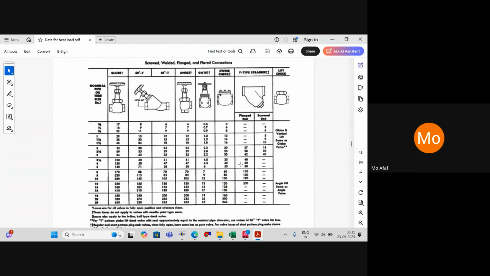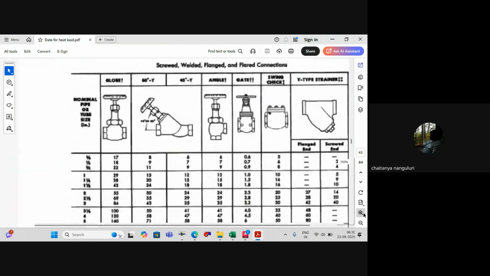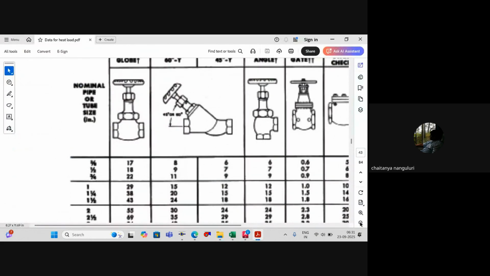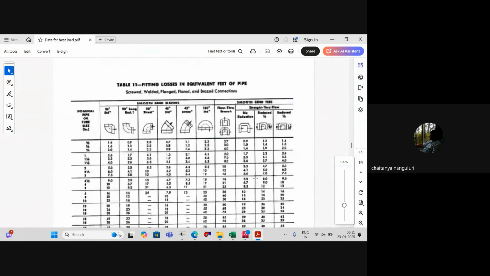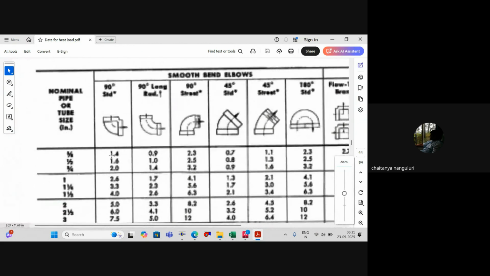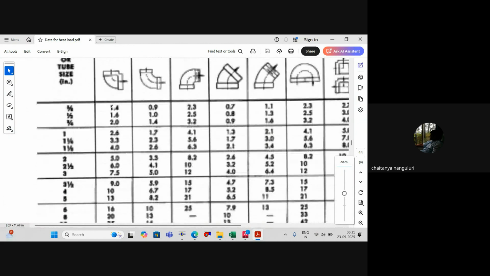Here I have got something called a vice trainer, sorry, not trainer, we are talking about elbow. Really sorry. So this is our loss chart. For a 90 degree standard elbow, what is the diameter of the pipe?